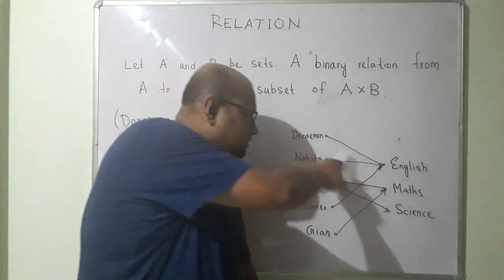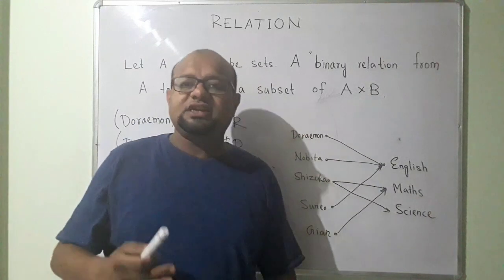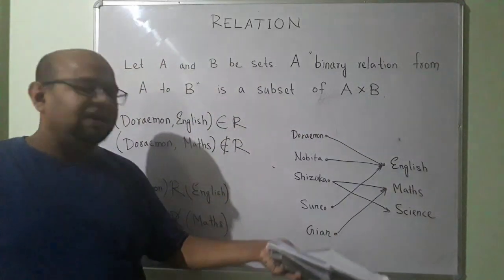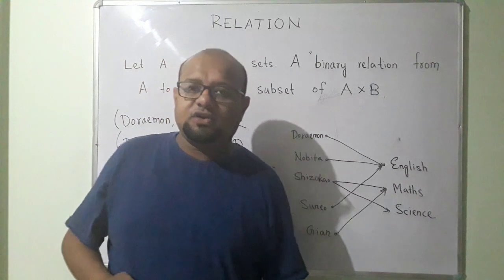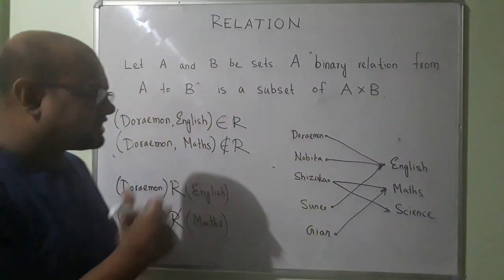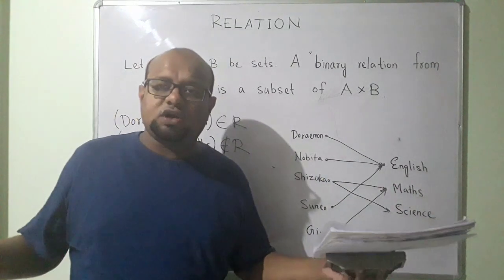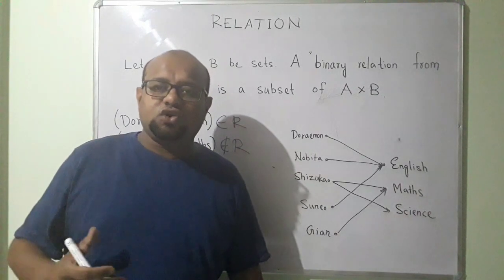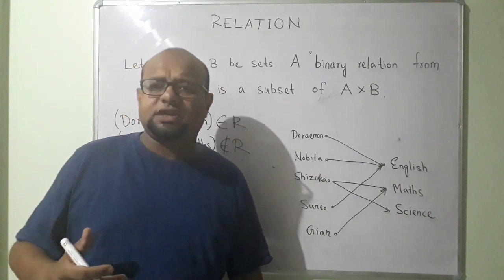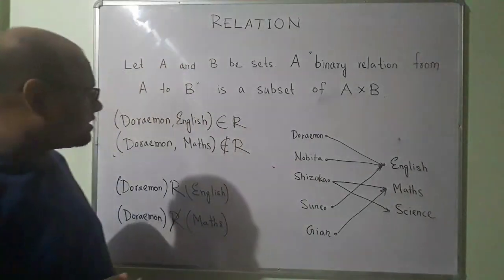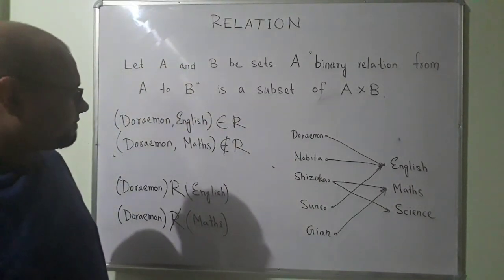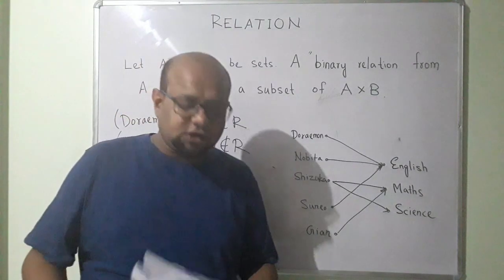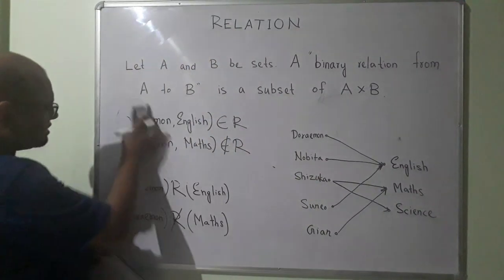We represented this using a digraph, a directed graph. Then we could have represented this using standard set notation, that is your roster method. And then there is another notation. I want to show you another notation.